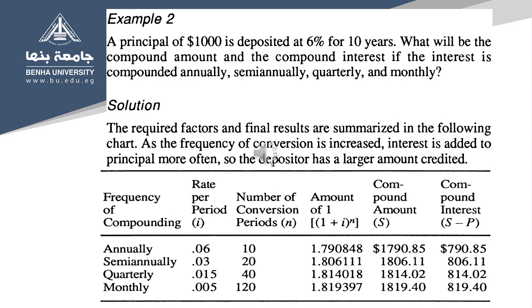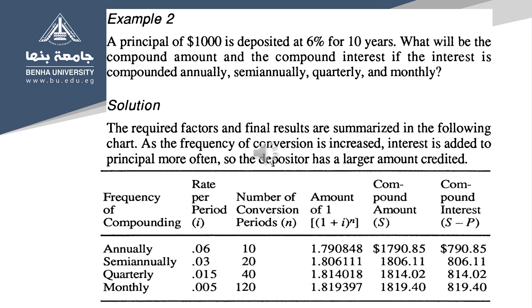Quarterly you must divide your rate per period by 4. Monthly you must divide your rate per period by 12. Annually divided by 1. Semi-annually divided by 2. Quarterly divided by 4. Monthly divided by 12.